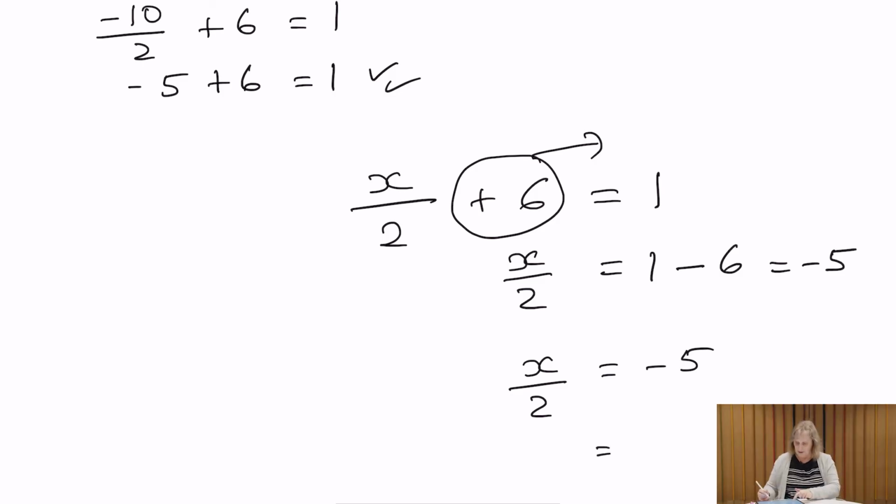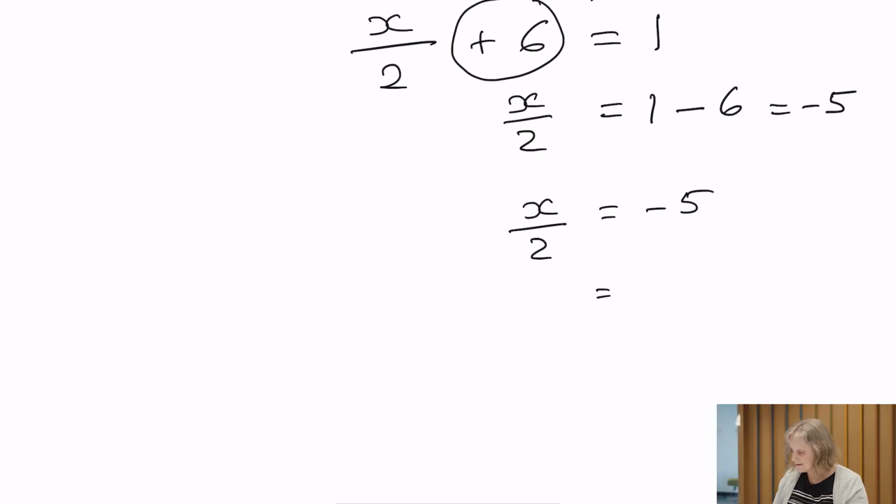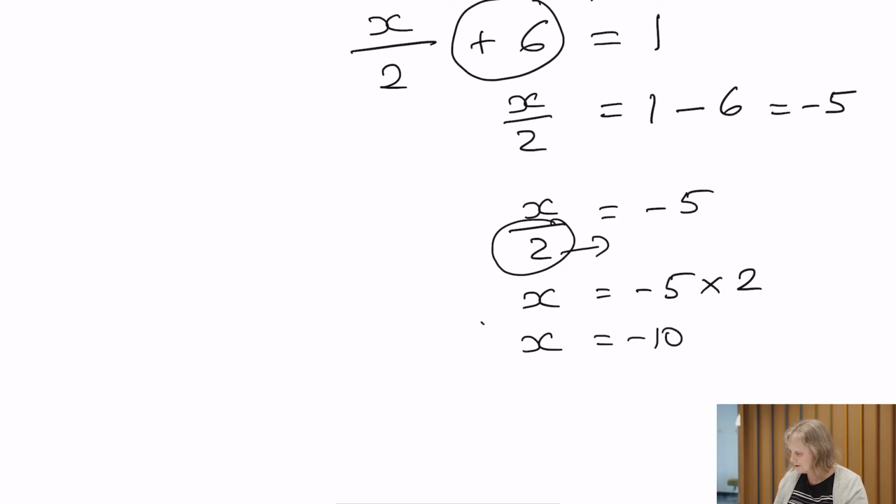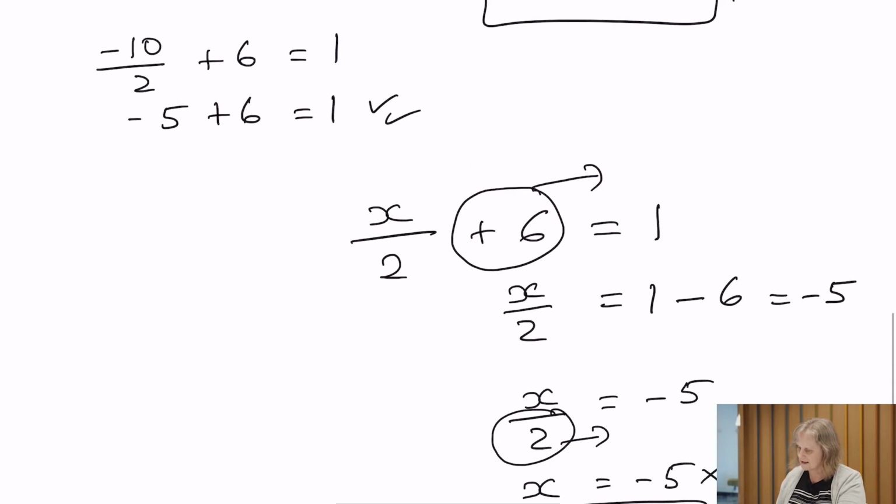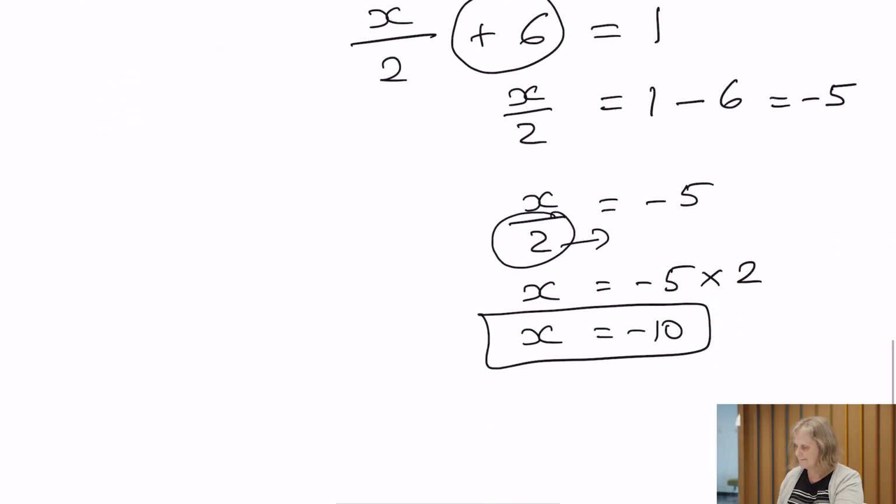Now, using one of our shortcuts, x divided by 2, so we know if we take that over the other side, dividing by 2, we can multiply on the other side by the 2, and then we can just find our value of x. That will equate to x is equal to negative 10, which is what we had here.